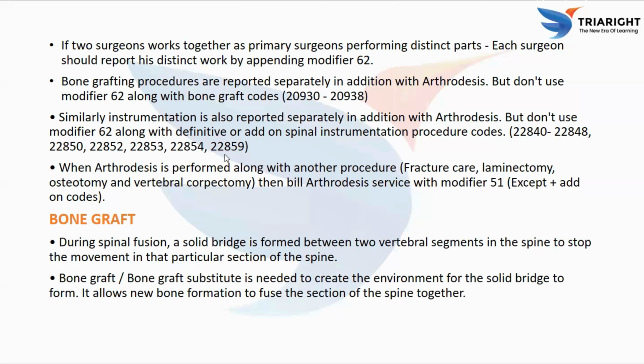Instrumentation codes include 22,840 to 22,848, 22,850, 22,852, 22,853, 22,854, and 22,859. Do not append modifier 62 to these instrumentation codes, because CPT considers instrumentation part of the global surgical support, and it is not split between surgeons for reimbursement.